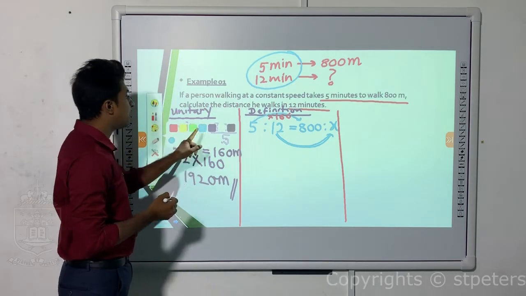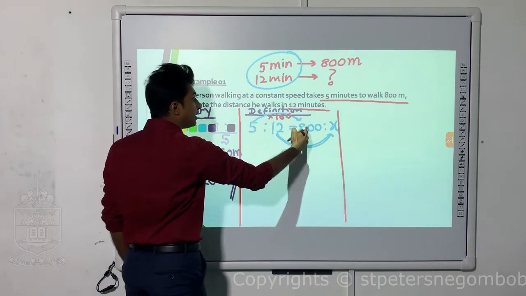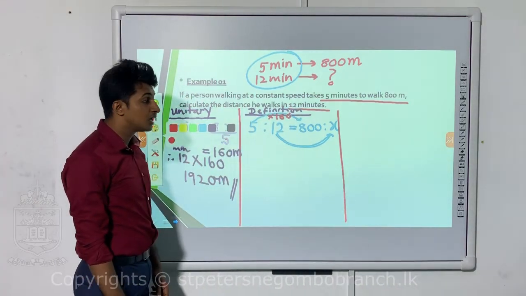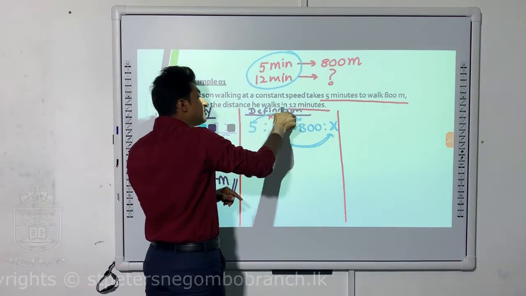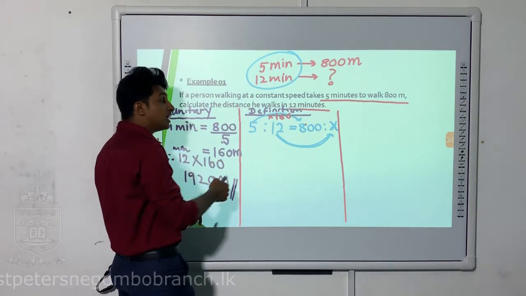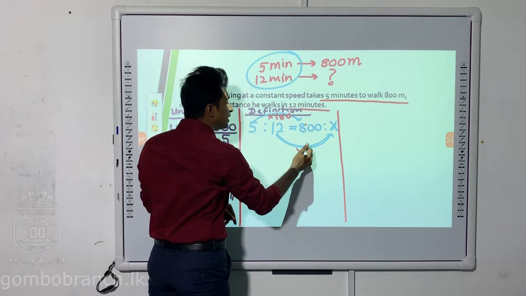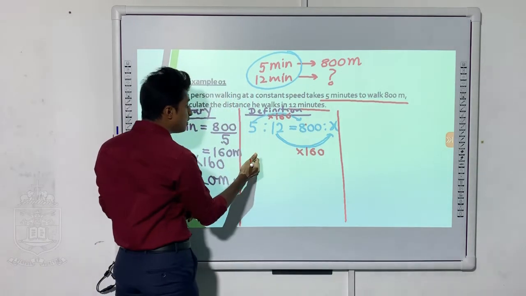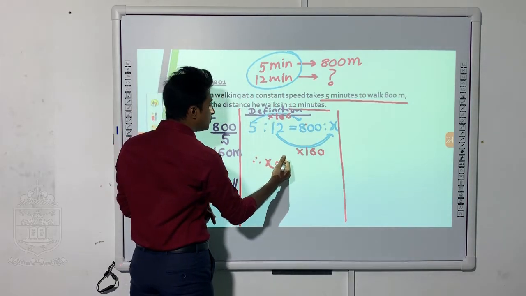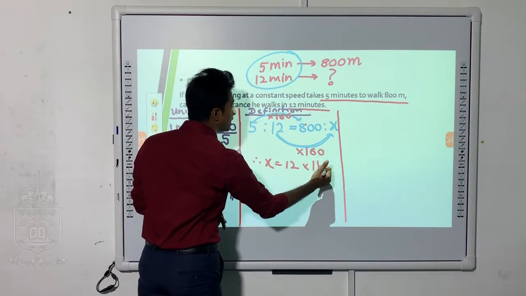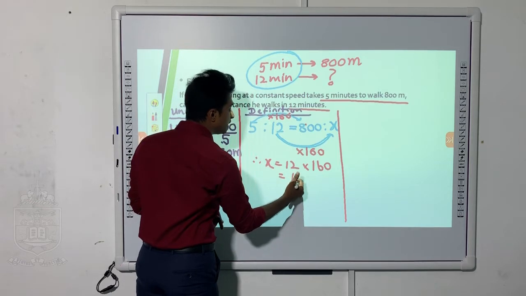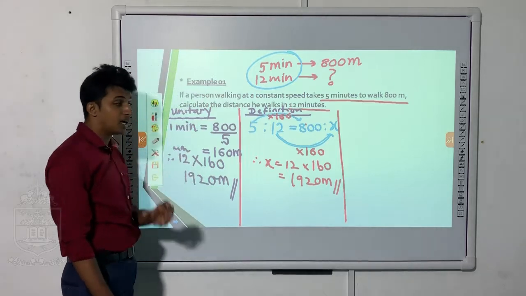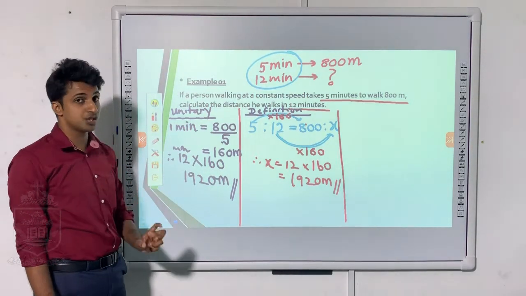So if 5 gets multiplied by 160 to become 800, then 12 will also be multiplied by 160 to get the value of x. Therefore, x is equal to 12 multiplied by 160, and you will get the answer 1920 meters.